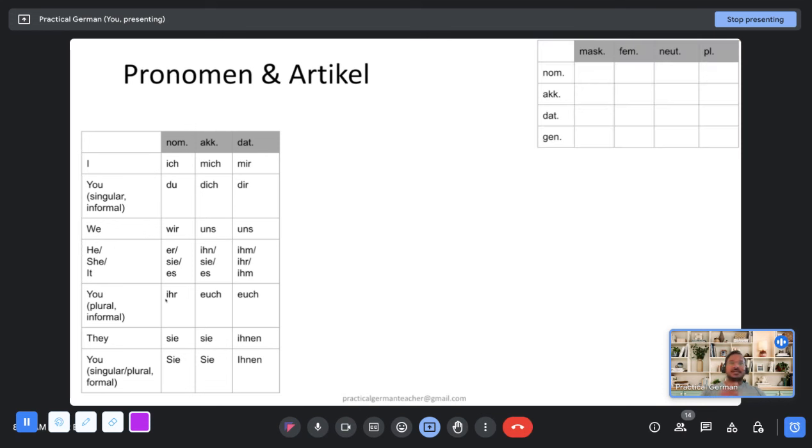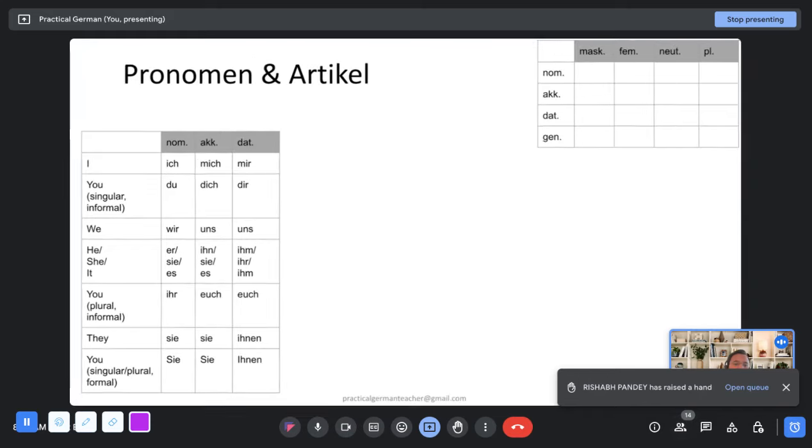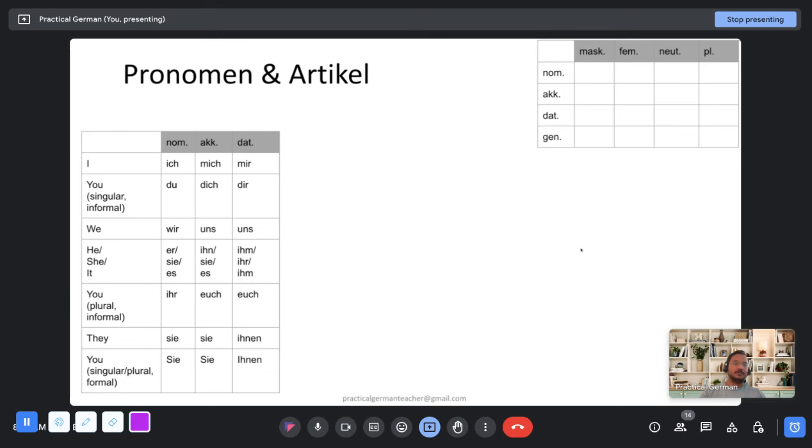Let's talk about definite articles. Anyone wants to give me the, let's see, Kirtika? Rishabh, I'll give you something difficult. Kirtika, do you mind giving me this table? This table is for definite articles. So you have to tell me what is the definite article for this one, for this one, for this one, and for this one. Ein, no, ein, eine, no, definite, not indefinite.